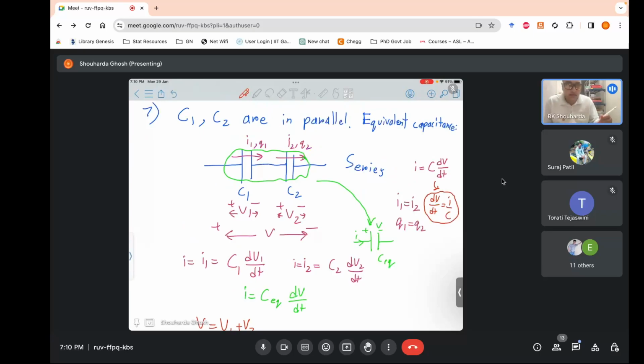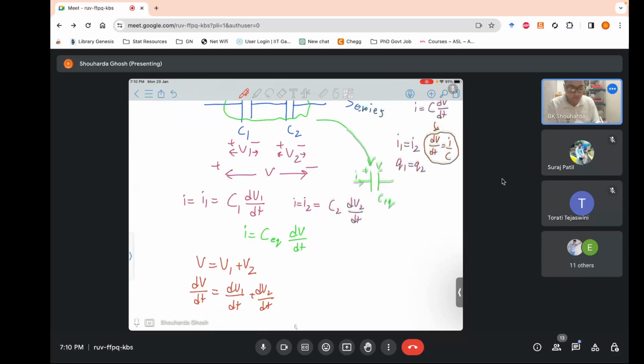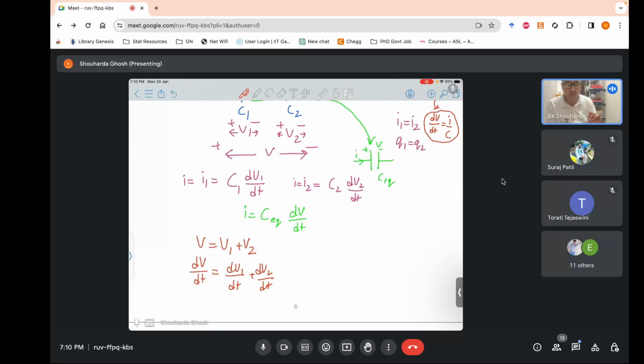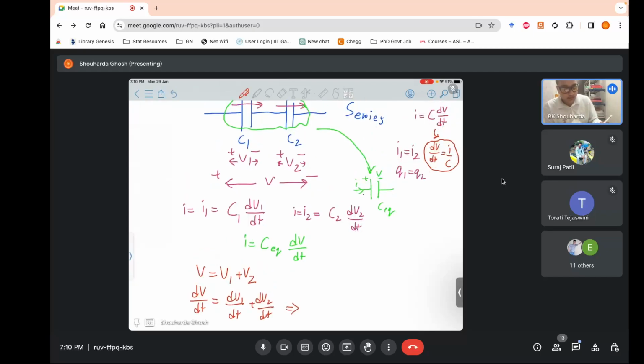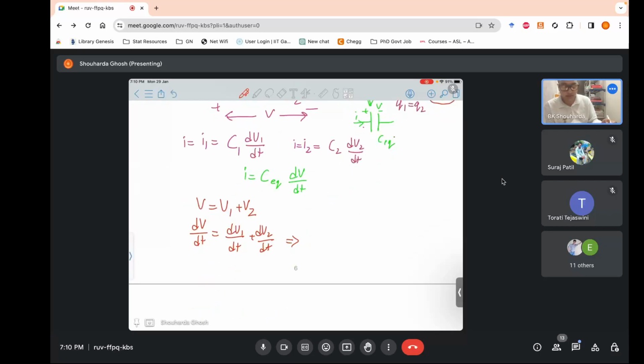Any doubt till now, anywhere you are feeling any confusion, please let me know, because it's a very important concept. Generally people learn this by heart, but they don't understand how this formula came into picture. The dV upon dt is due to the total current flowing through this combination and the equivalent capacitor in effect.